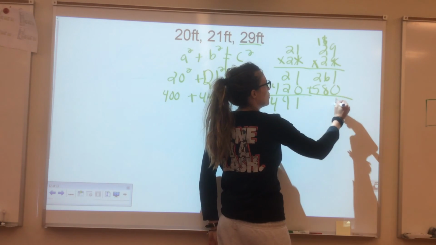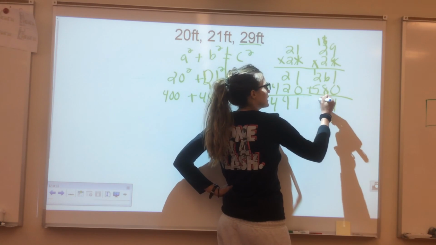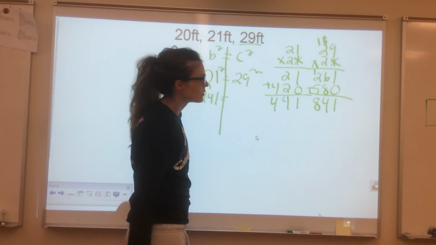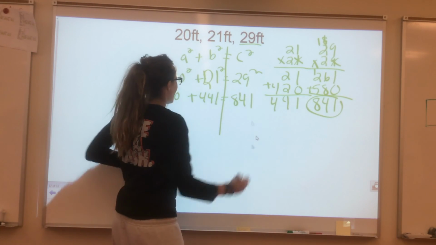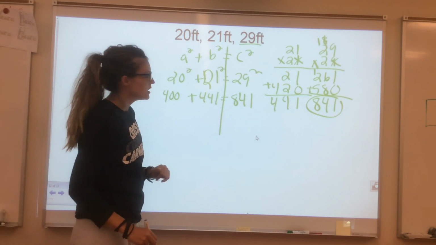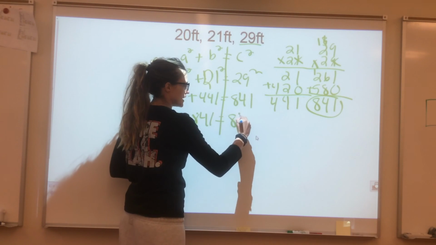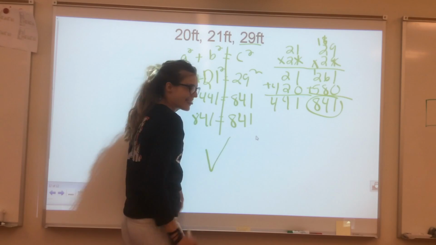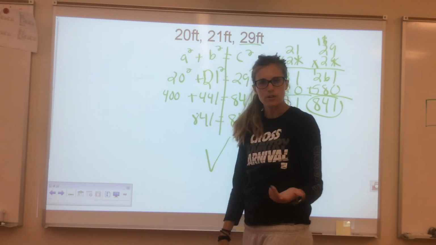Add these together, I get 1, add these together, I get 4, and then I get 8. So 29 squared is 841. I add these together, 400 plus 441 would be 841, which equals 841, so that would create a right triangle. So these three measurements would create a right triangle.